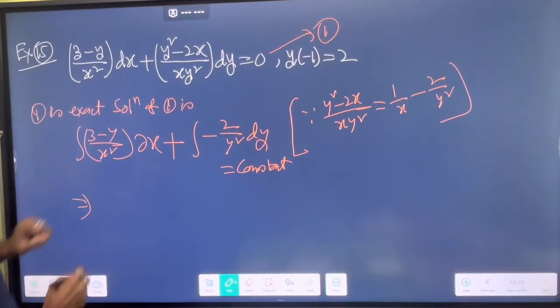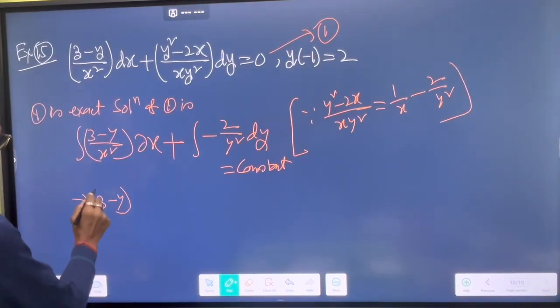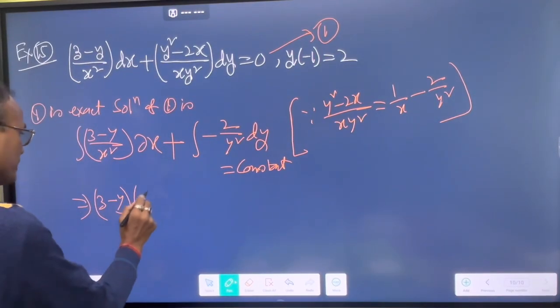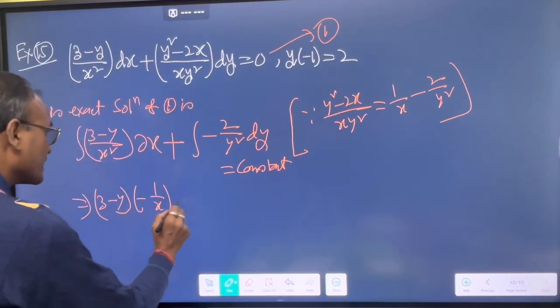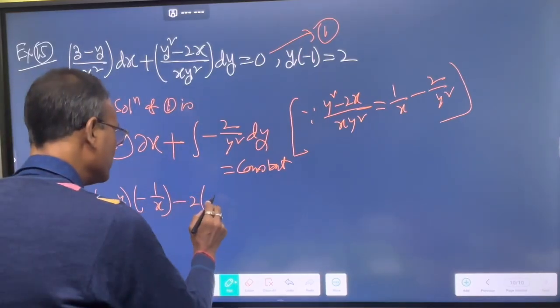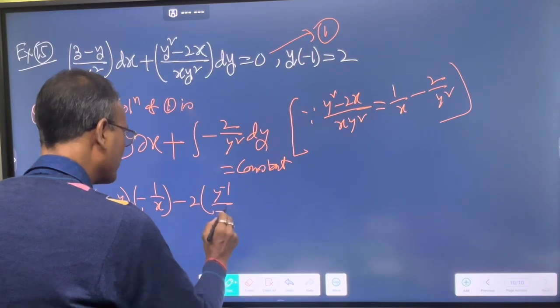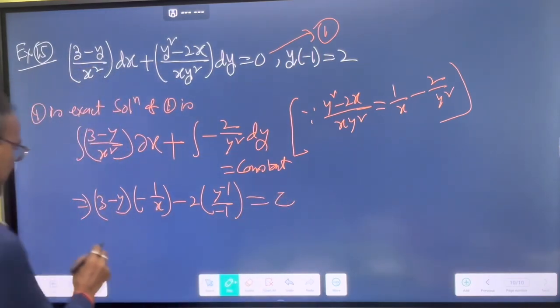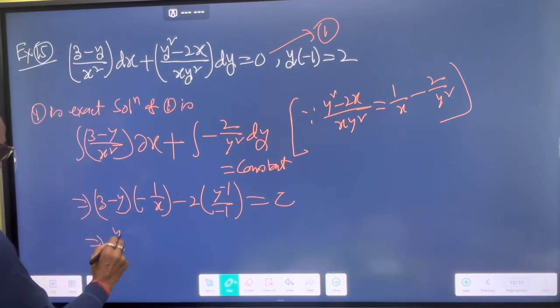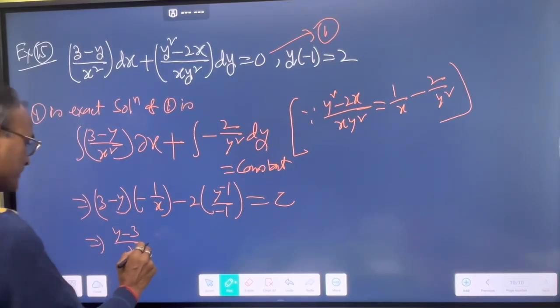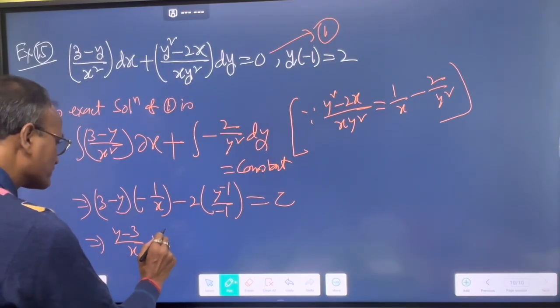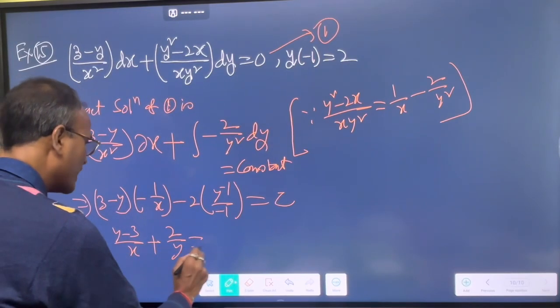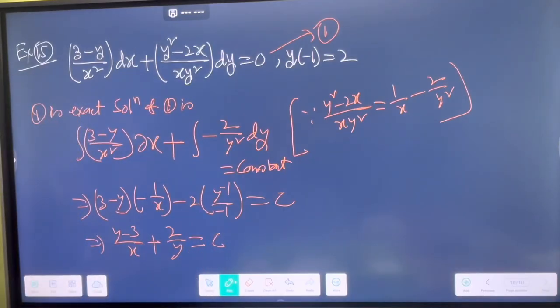Integrating with respect to x, you will get 3 minus y. It will be minus 1 by x minus 2 y to the power minus 1 by minus 1 equal to c. Or y minus 3 by x plus 2 by y equal to c.